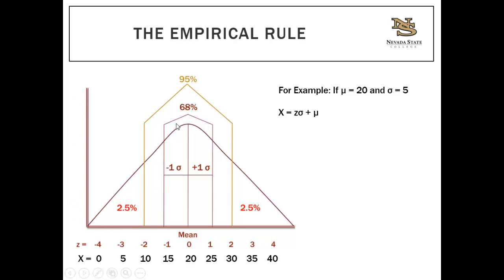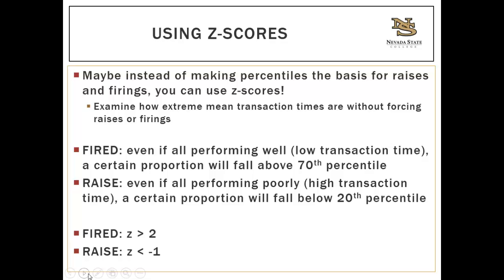So if you have a higher section of your distribution, that means more frequent, right? Most people are here. So it's starting to be outside of the normal. So in the low end, they would get a raise, lower transaction times. But we're going to be more picky with firing. We don't want to fire anybody unless they have an extremely high transaction time. So a z-score that's greater than 2.